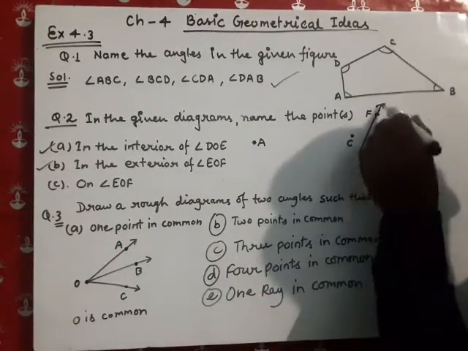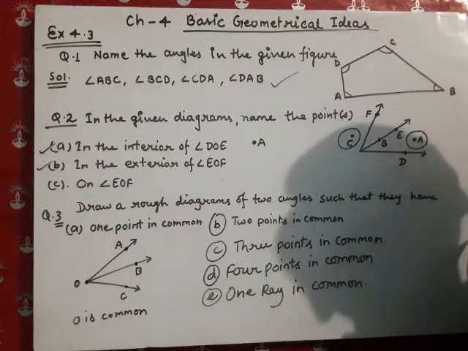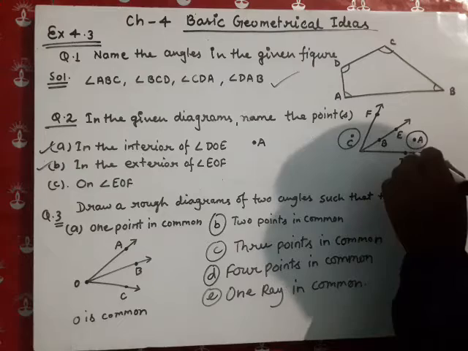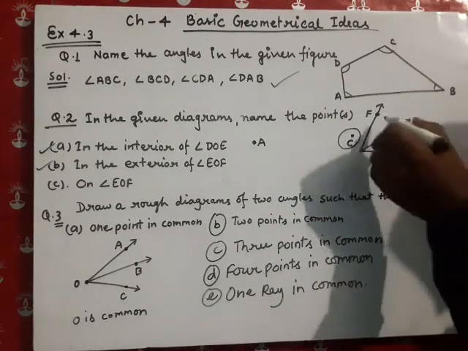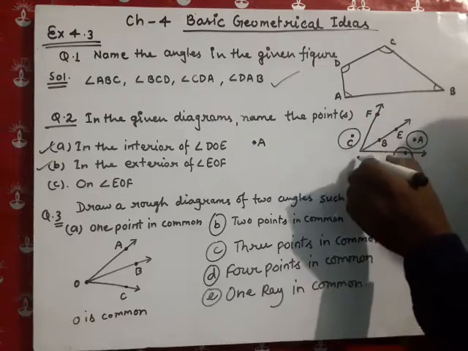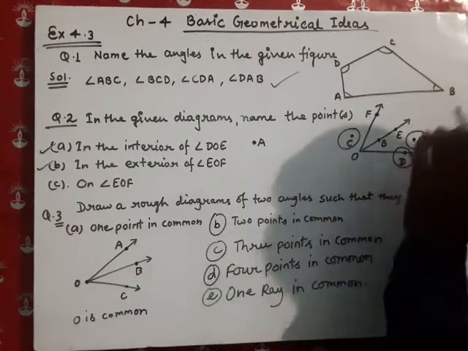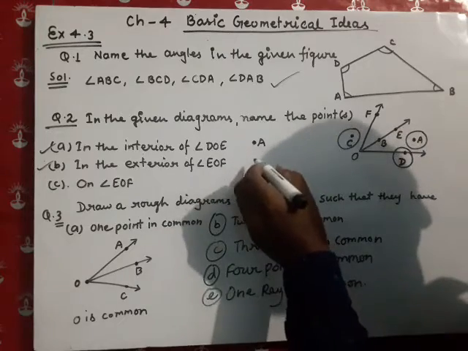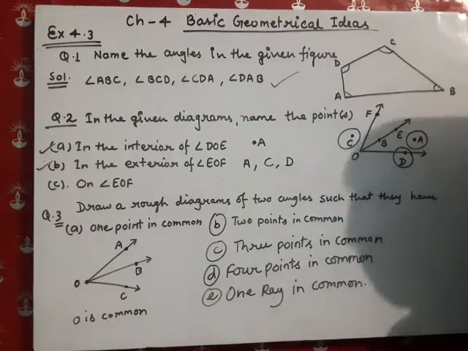This is EOF, and this point is exterior, this one is also exterior, and point D is also exterior. So these 3 points are exterior of EOF. The point O is given. So here we will write A, C and D. These are the 3 points.